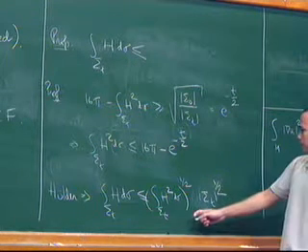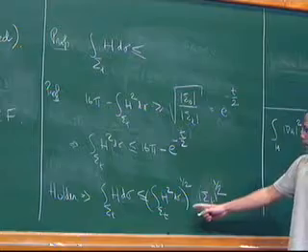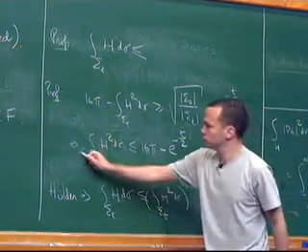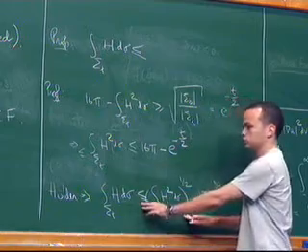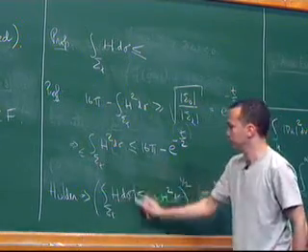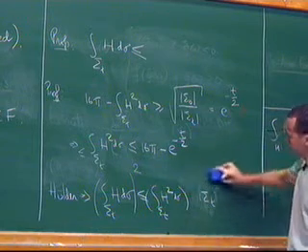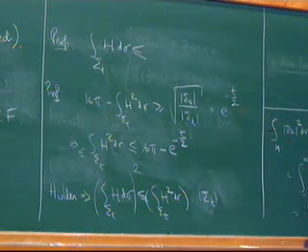Okay, so if I use this here, I get that this is going to be greater than or equal to, I can put a square over here, this disappears, and this disappears, right?